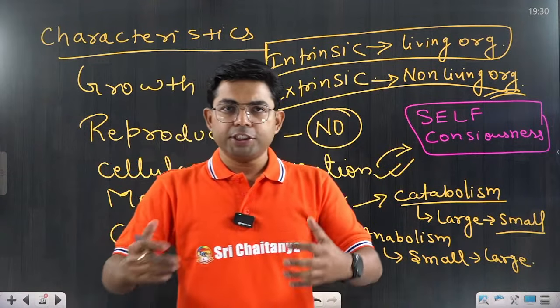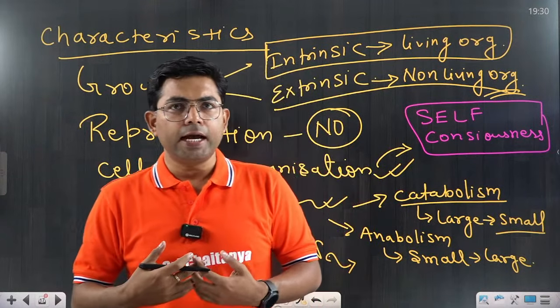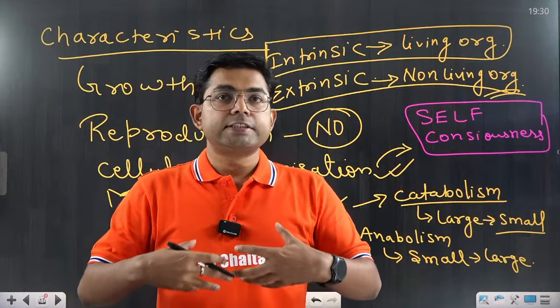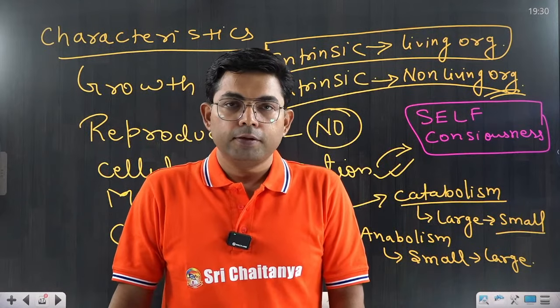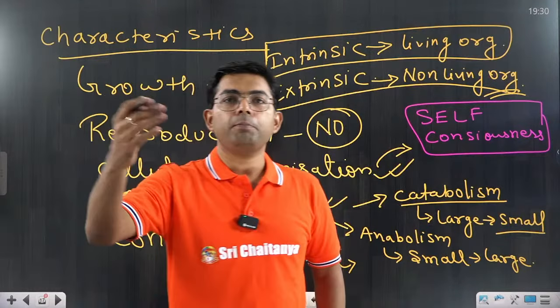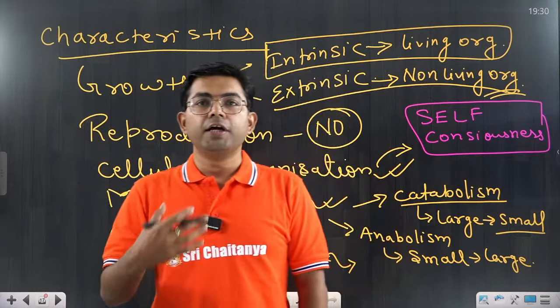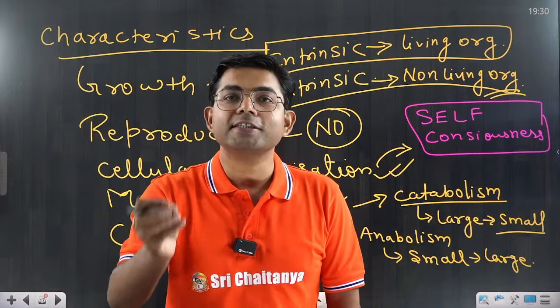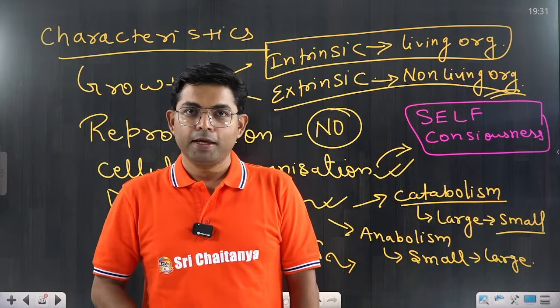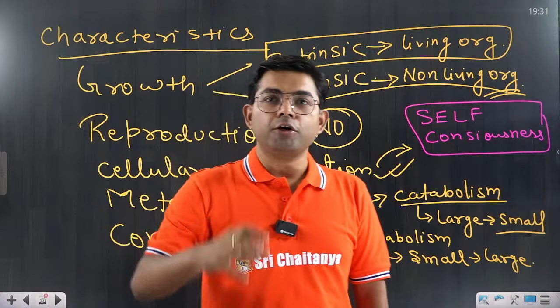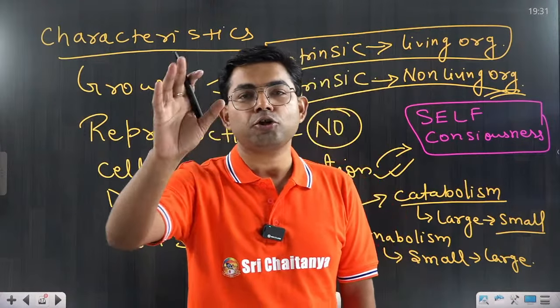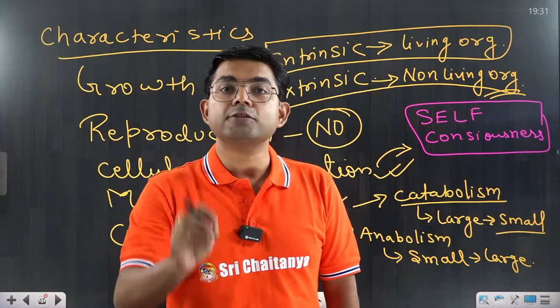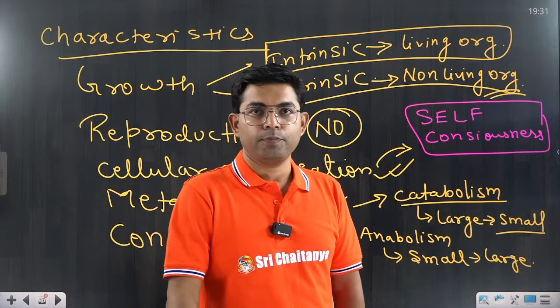So self-consciousness means that you are very much sensitive about yourself. For example, you are going for a party and you are trying to wear a dress so that everyone likes you. So this is self-consciousness. Let's say somebody shouted at you. So next day you stop talking to that person. It is called self-consciousness, right?